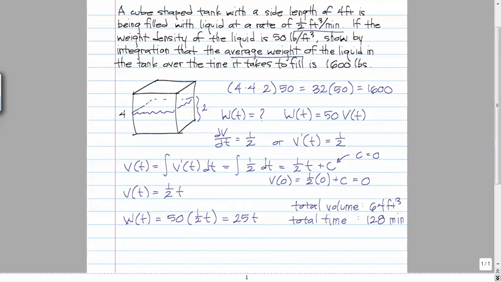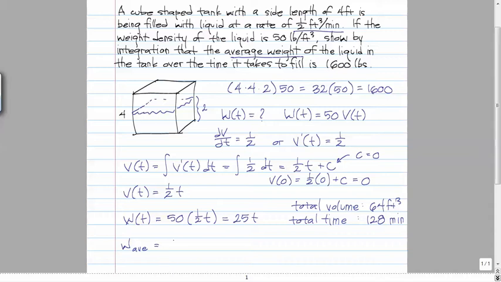And we finally have everything we need to set up our formula for W average, or the average value of weight over the time it takes to fill the tank.